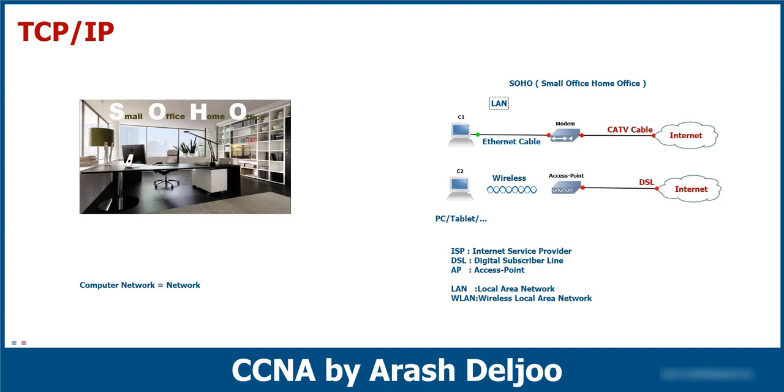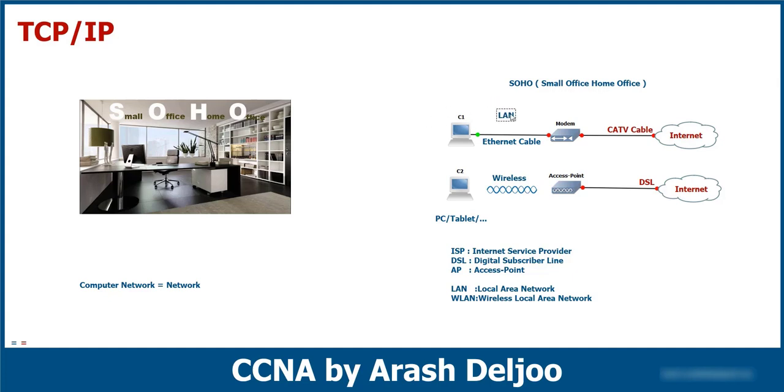Okay, when you have two buildings in two cities, and after that you connect these two buildings to each other, you have a WAN, not a LAN. LAN means one building, one room. Okay, we can give a more detailed explanation and definition about the LAN, but for now it's sufficient.